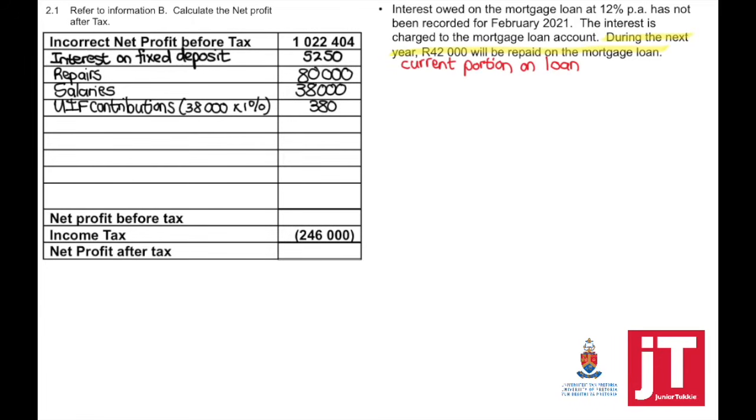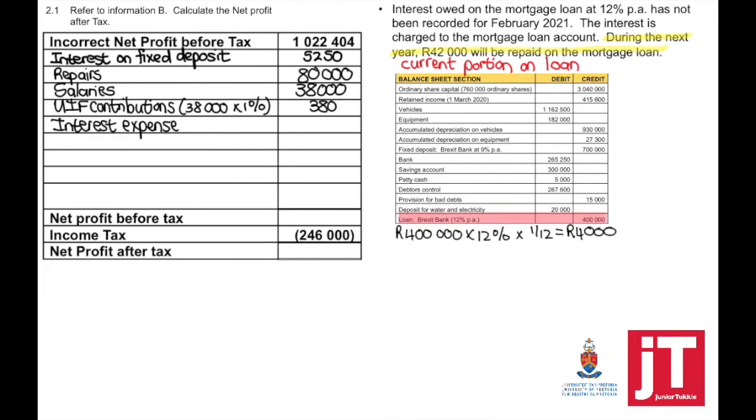That 42,000, which is paid in the next financial year, must go to current portion of loan, or another word for that is short-term loan, which forms part of trade and other payables, or it can appear on the face of the balance sheet. In this question, they didn't ask you to complete the face of the balance sheet. It means this needs to go to trade and other payables.